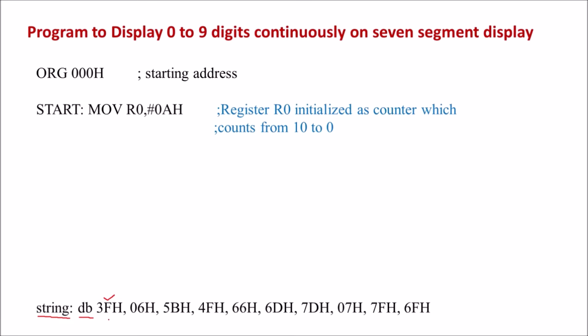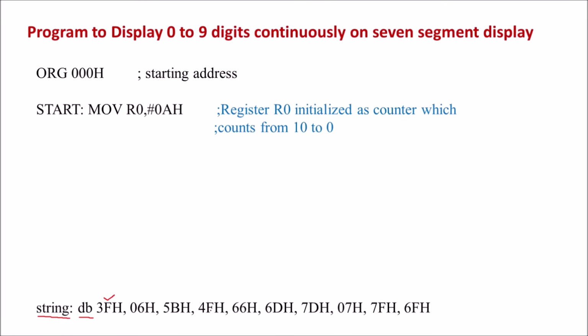So 3FH is the 7 segment code for digit 0, 06 for digit 1, 5B for digit 2, and 6F for digit 9. All these 7 segment code values are stored in the lookup table.